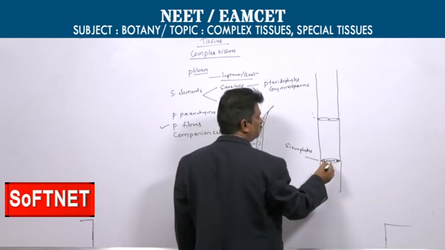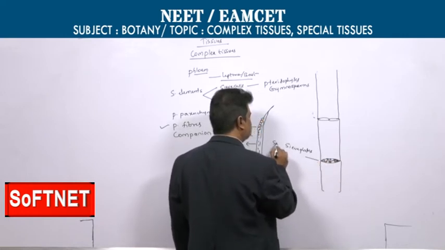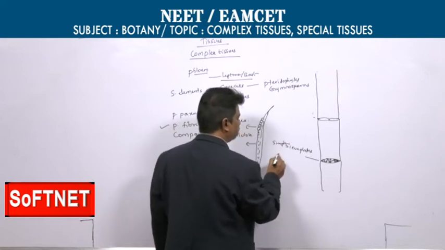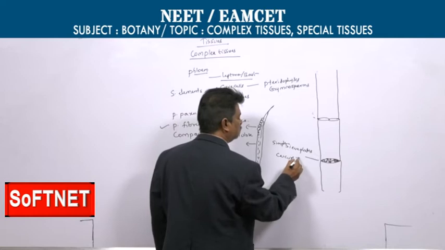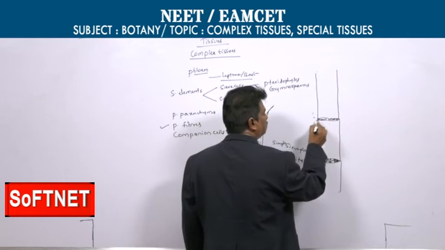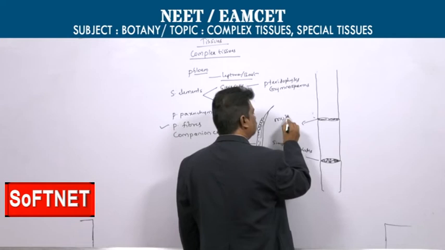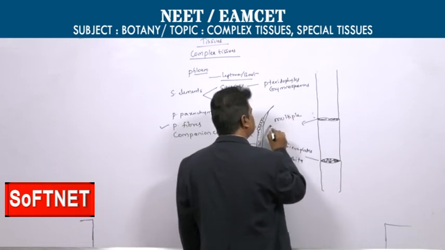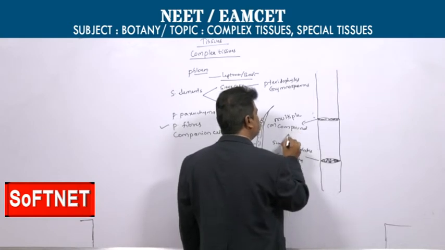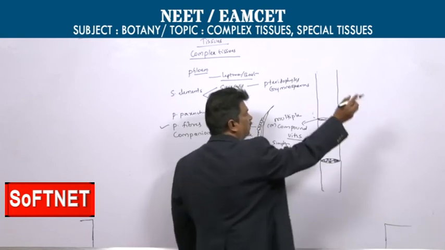Simple sieve plate: the entire end wall is only one sieve plate. An example for simple sieve plate is Cucurbita. The next one, multiple or compound sieve plate, involves as many sieve plates, and an example for compound sieve plate is Vitis.